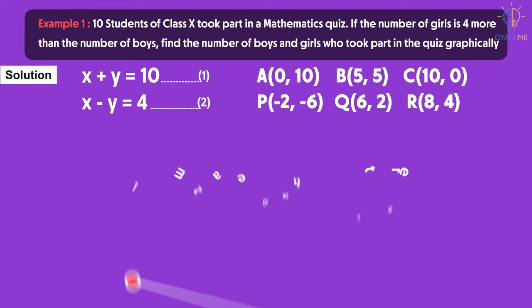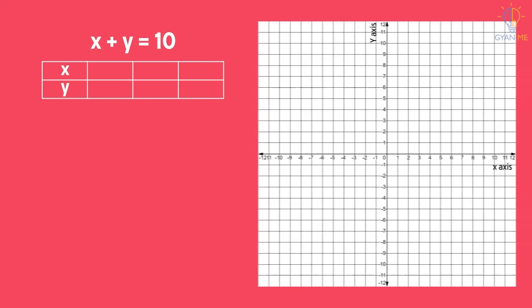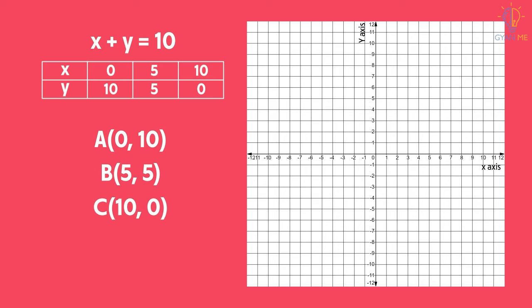Now students, as you can see, we have got the ordered pairs for both the equations. Let us now plot them on the same graph paper. First, plot the points A, B and C of the equation x plus y.